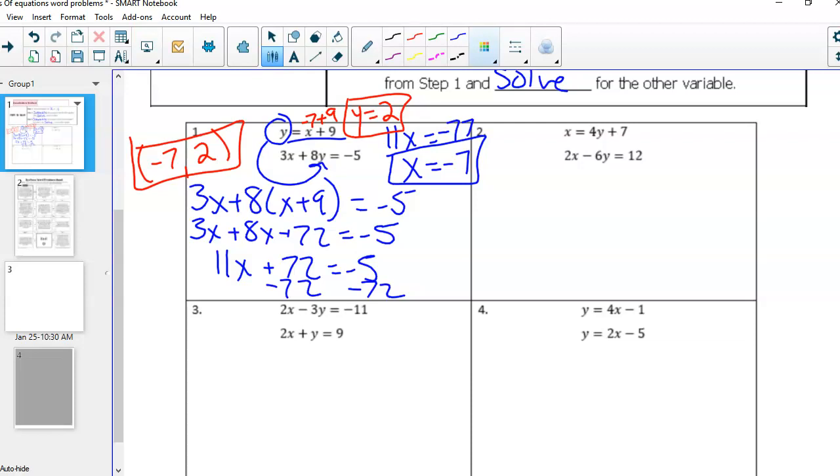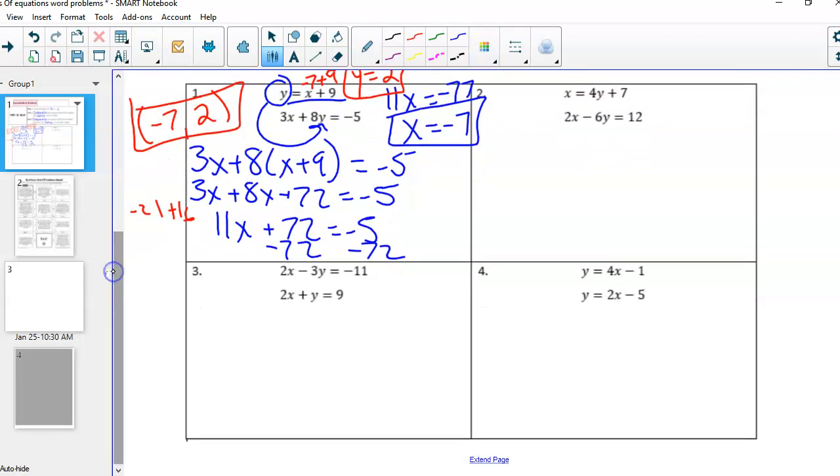If you put negative 7 and 2 into x and y, do you get negative 5? Yeah. 3 times negative 7 is negative 21. And then 8 times 2 is 16. Negative 21 plus 16 is negative 5. So these solutions have to work for both if it's going to be a solution.